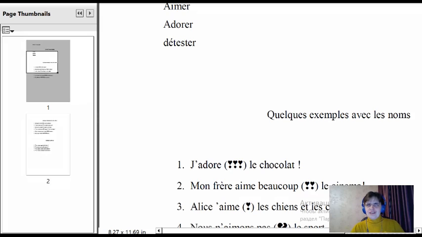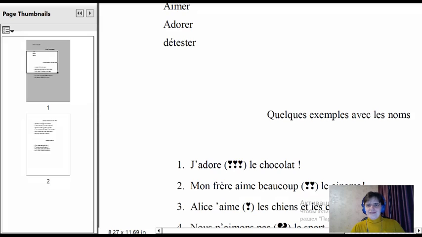So what we need to know is an adverb, beaucoup. It means a lot or very much. You can see from this example that I only put the adverb beaucoup next to the verb, and I've already made it stronger. So that's just a tiny, tiny little thing to do, and it enriches your vocabulary.